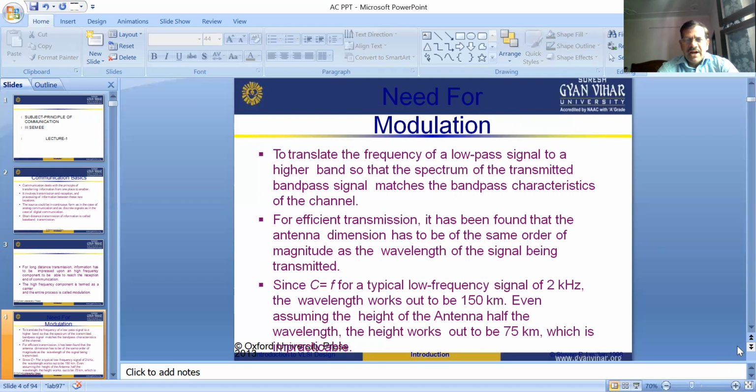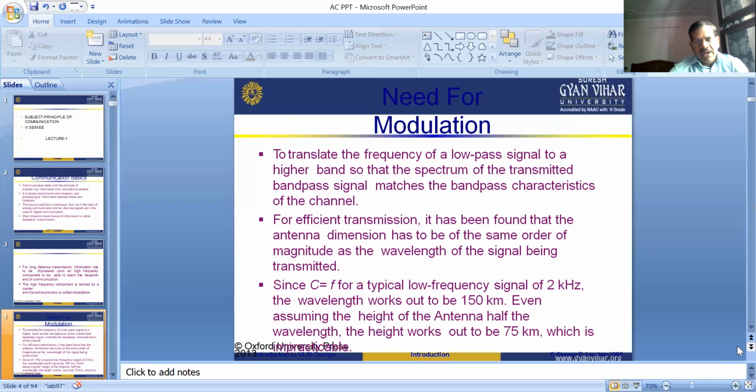So what is the length or height of the antenna? The height of the antenna would be lambda by 2. The height of antenna h equals lambda by 2. Here lambda is given as 150 kilometer, so the height of the antenna h will be 150 divided by 2, equal to 75 kilometer.